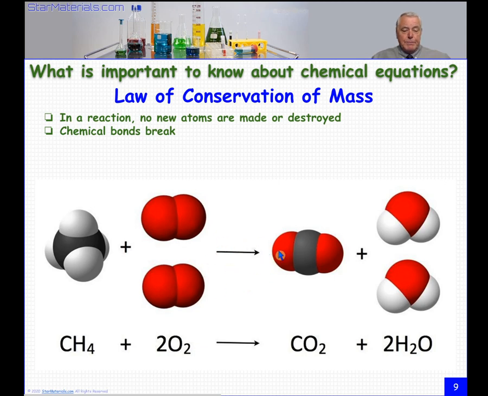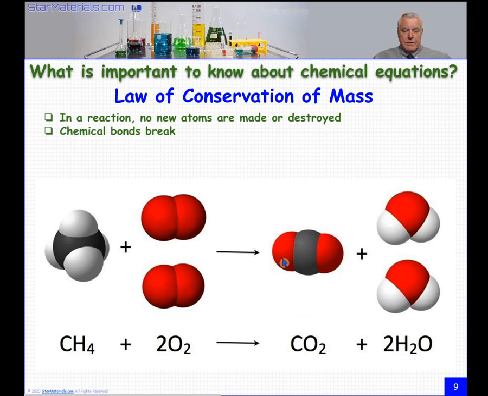When the reaction happens, we get CO2, 2 oxygen, and 2 water molecules, 1 oxygen each, right? Remember, no coefficient, it's 1. So 1 times 2 is 2. No subscript. If there's no subscript, the subscript is 1. 2 times 1 is 2.